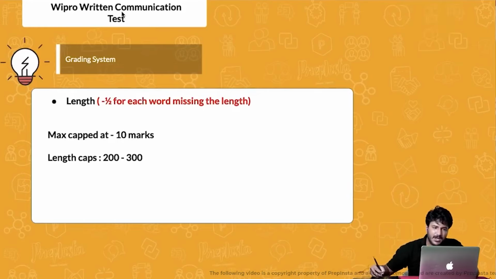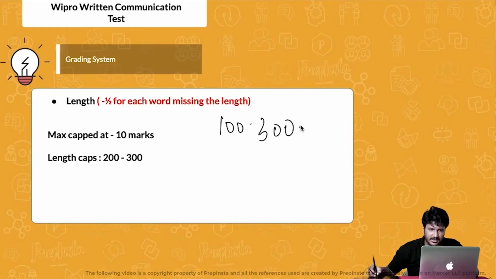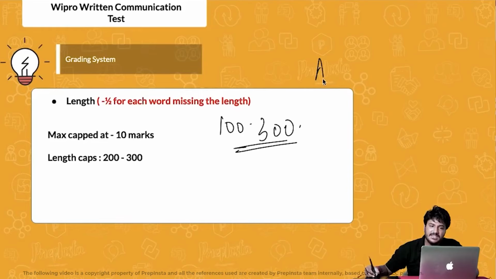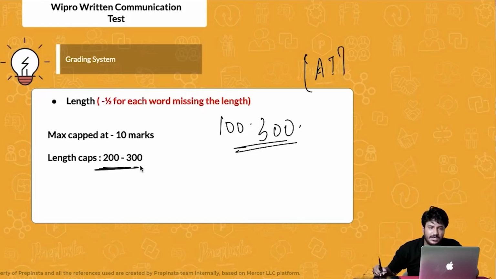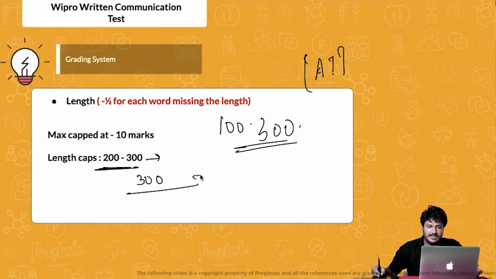The length cap, however, Wipro says is 100 to 300, right? But the AI system that is there is giving you full marks, so there are no marks for length, though there is a penalty for length, okay? Which is basically if you exceed more than 300, there is minus 1 by 2 marking, I guess.